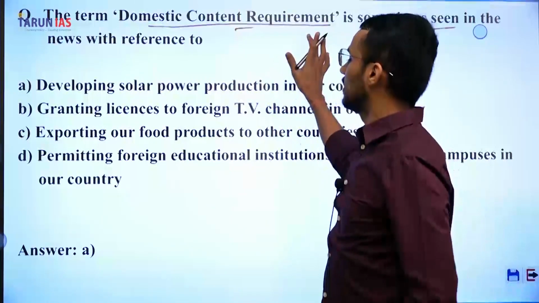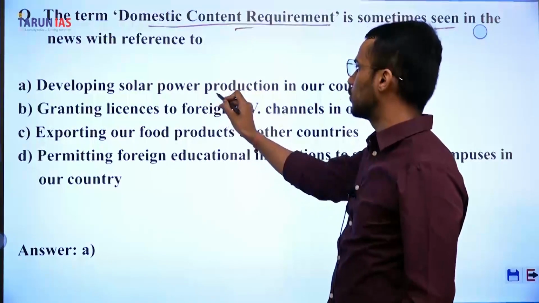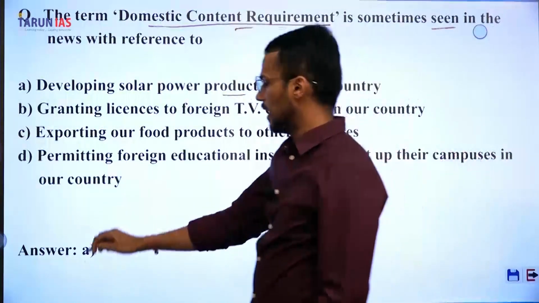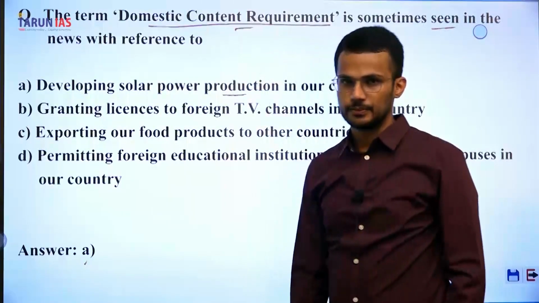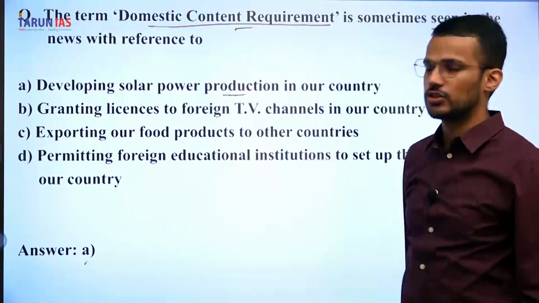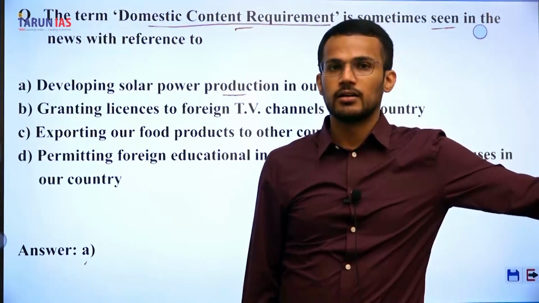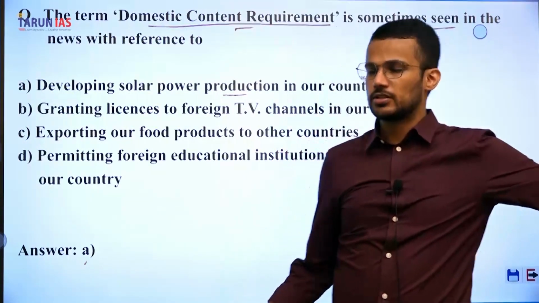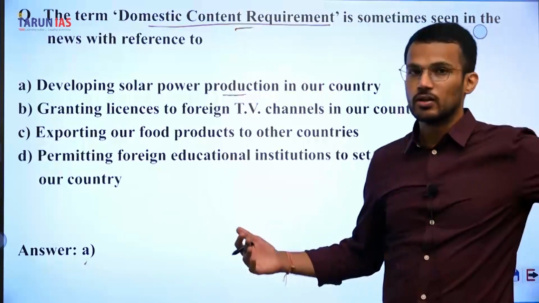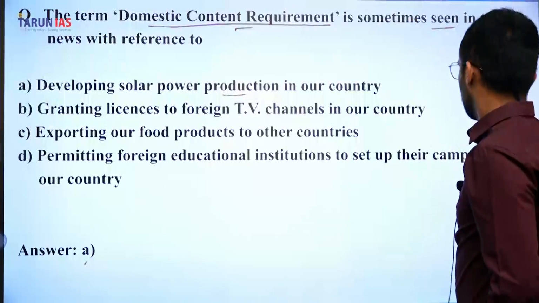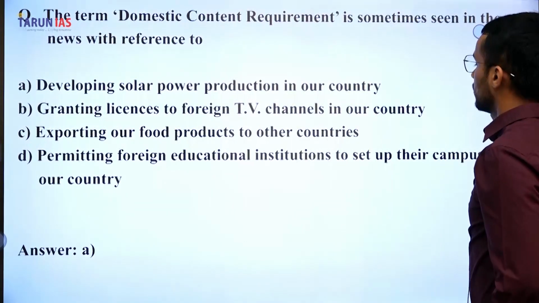So the domestic content requirement was for developing solar power production in our country, mentioned in option A, and hence answer is A, right? This issue was raised by the USA in WTO, and we were not able to perform well in WTO over that issue. Next question now.